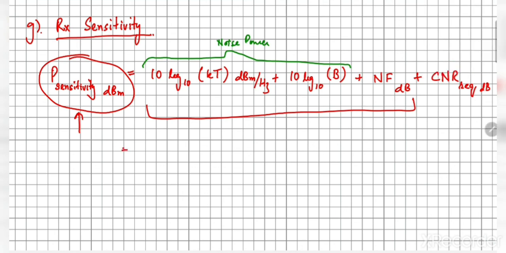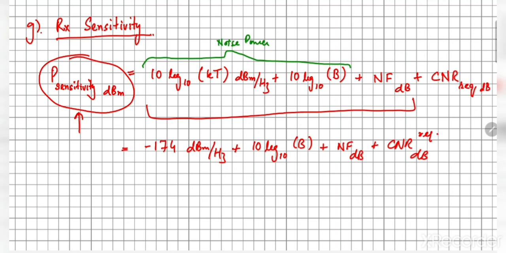This can also be written as 10 log 10 kT, which is typically written as minus 174 dBm per hertz, plus 10 log 10 of bandwidth, plus noise figure in dBs, plus the CNR required in dBs.